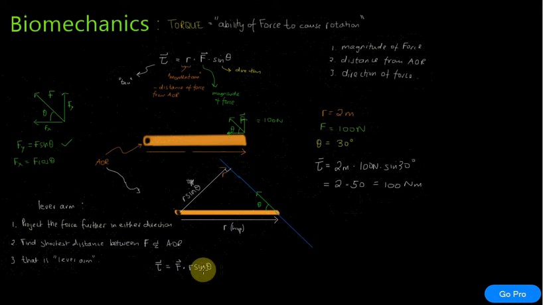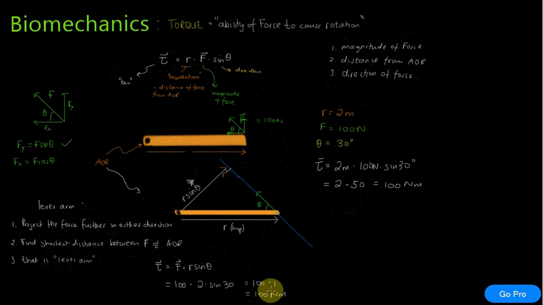If I run this calculation again, this becomes 100 newtons times R, which is still 2 meters, times sine of 30 degrees. Sine of 30 is a half, so 2 times a half is 1, and I still get 100 newton meters.